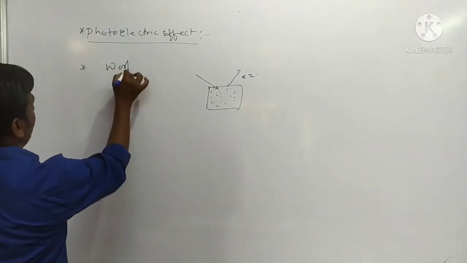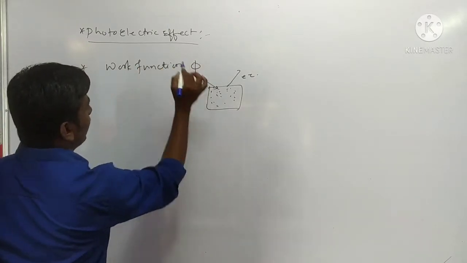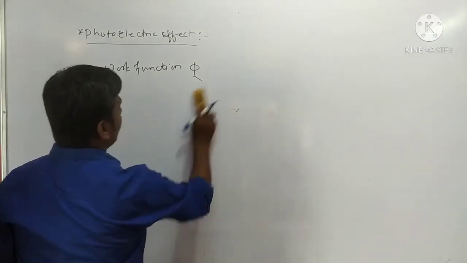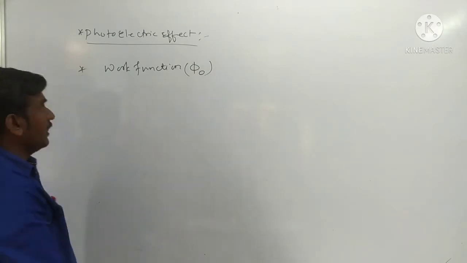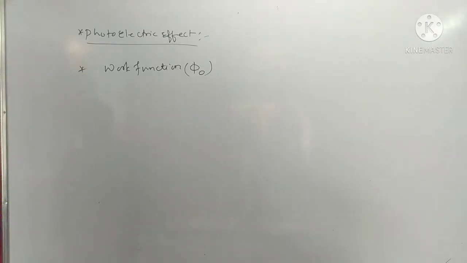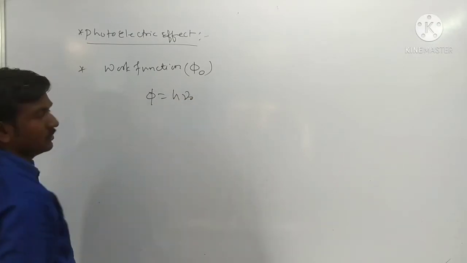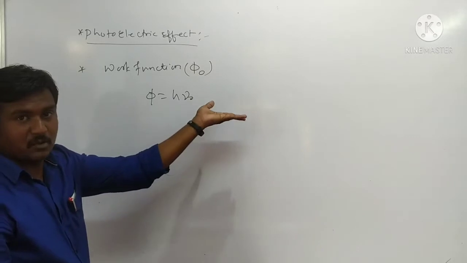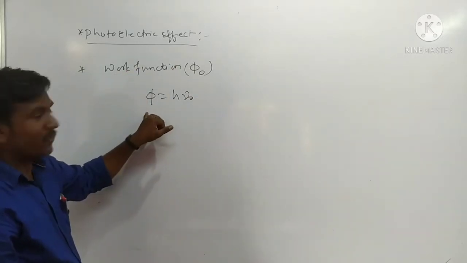The work function is denoted by phi, or also by phi naught. Phi naught equals h nu naught, because this is the minimum amount of energy required to make electrons escape from the metal surface. That is called the work function.